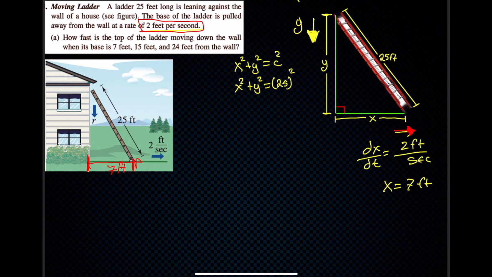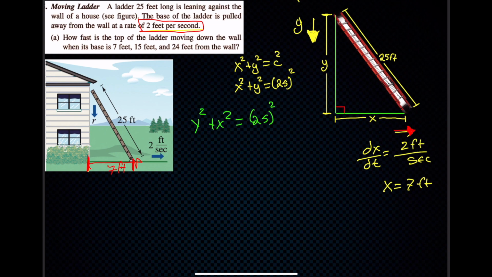First of all, we have our formula. Let me go back a little bit, so let's start from the beginning. y squared plus x squared is equal to 25 squared.